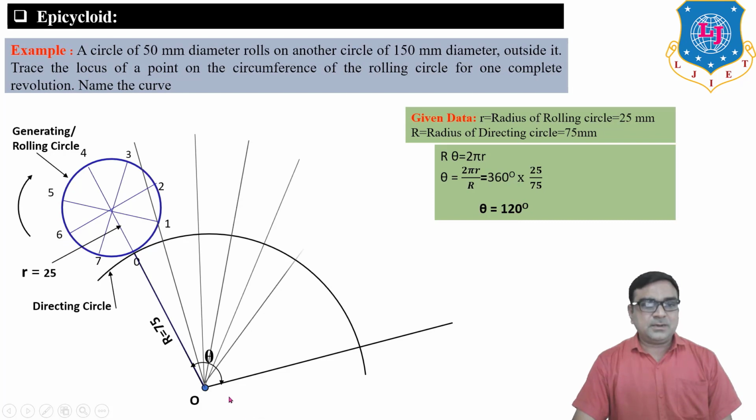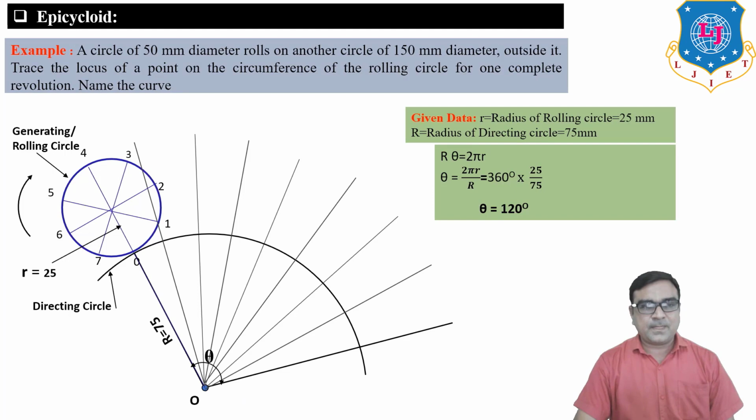Now the theta angle is also divided into 8 equal angles. So each angle measurement is 120 by 8, meaning 15 degrees. P0 is our point on the circumference of the rolling circle, and we want to follow this point during one rotation of the circle.